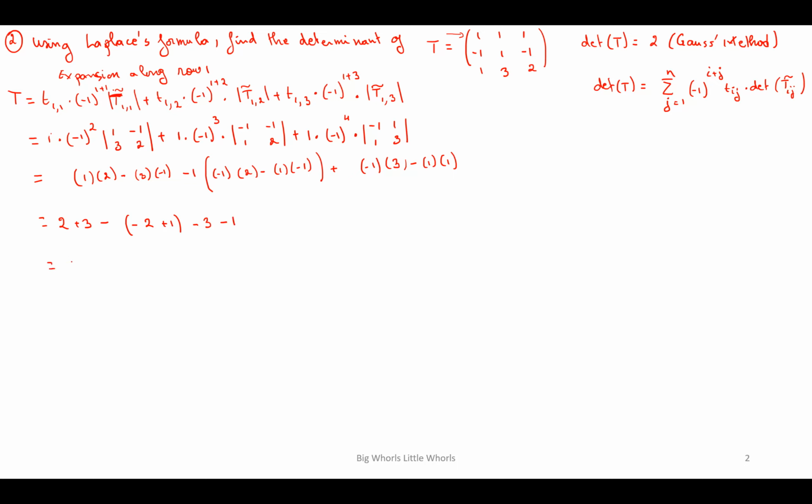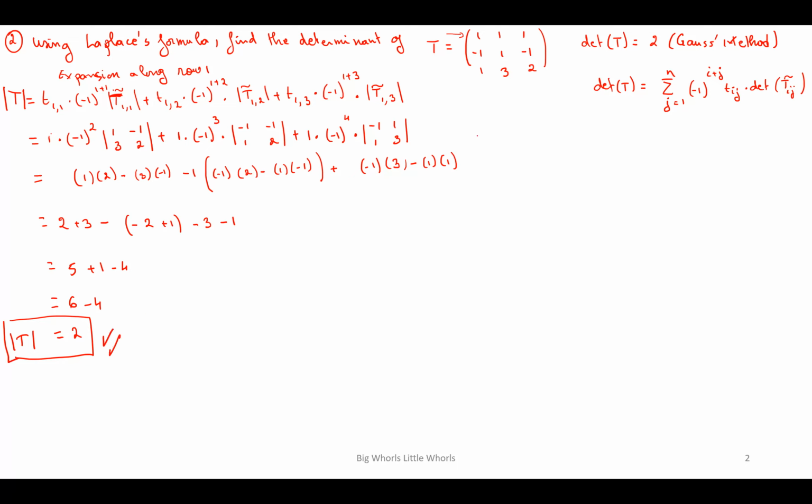So we are left with 5, then inside the bracket minus 1, so it's plus 1, and here we have minus 3 minus 1, which is minus 4. So we have 6 minus 4, which is equal to 2. So the determinant of T is equal to 2.